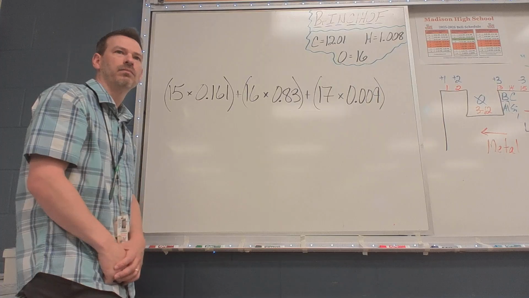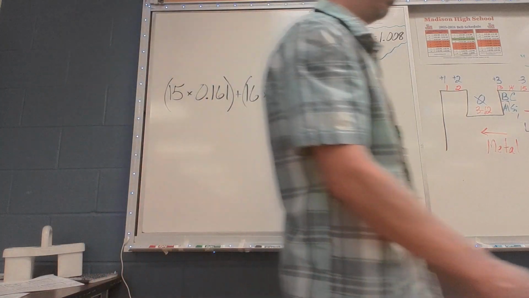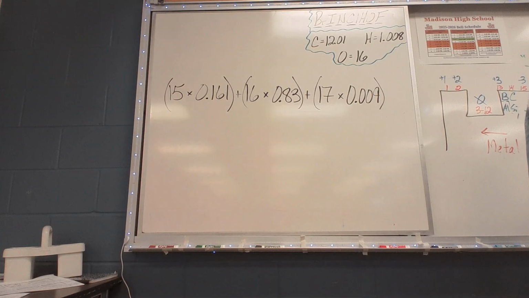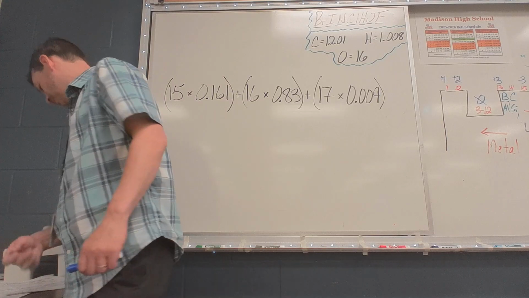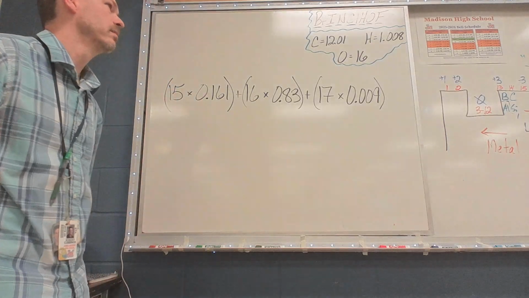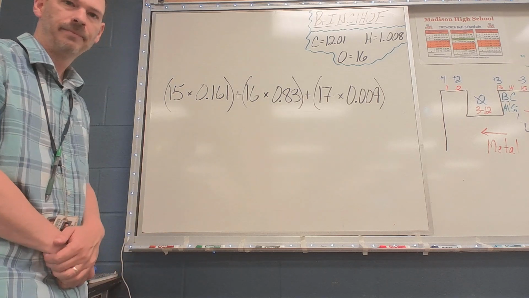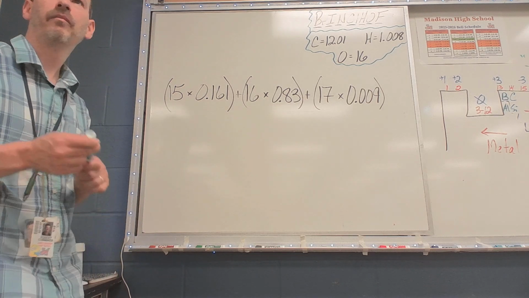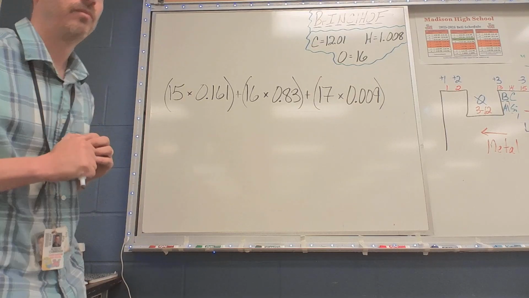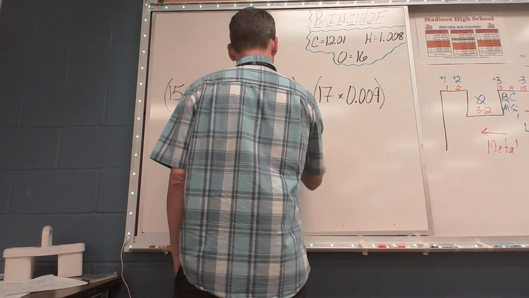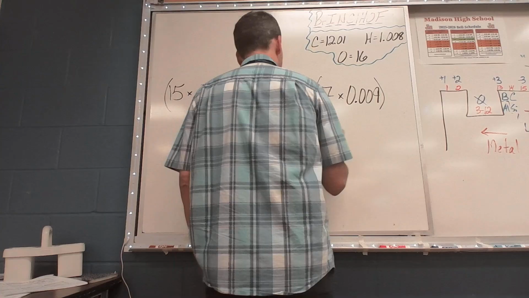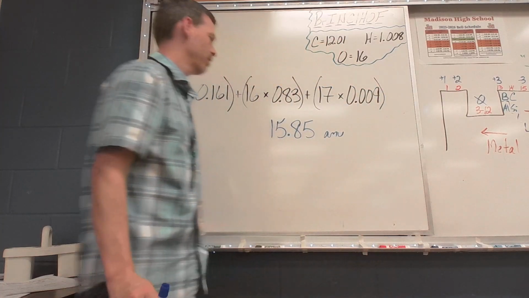Type it in exactly like that. I get an average atomic mass of 15.85 AMU.